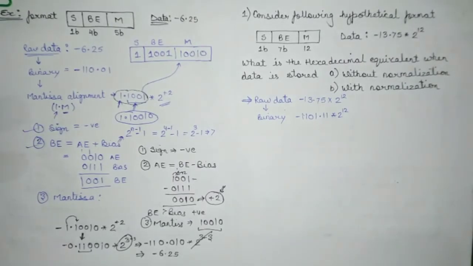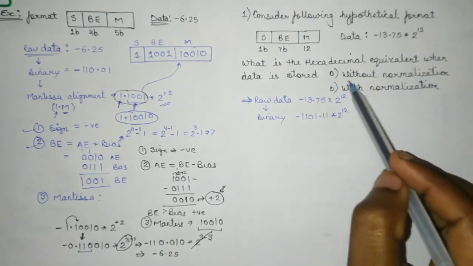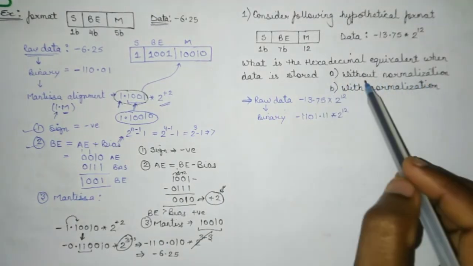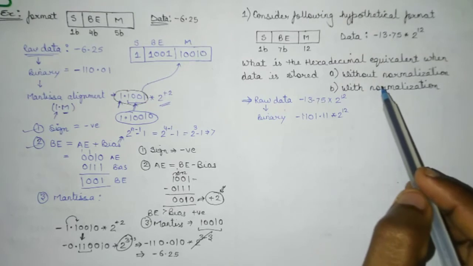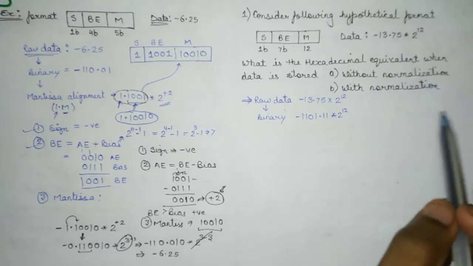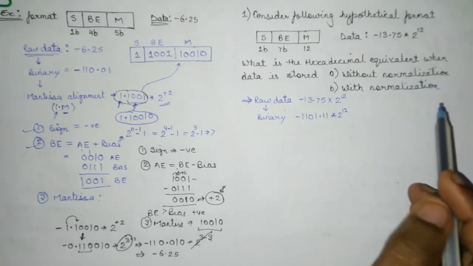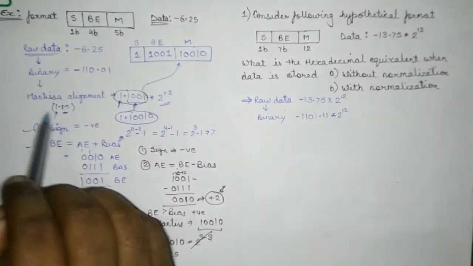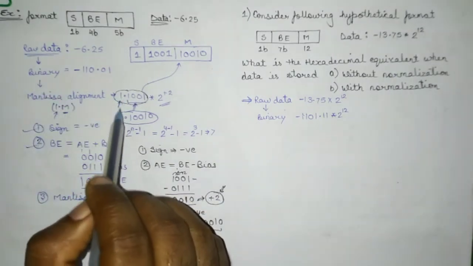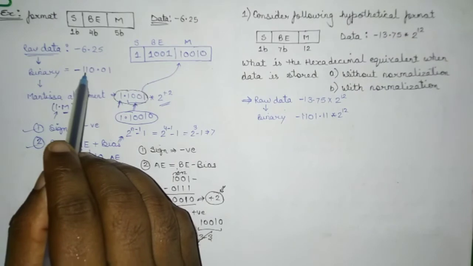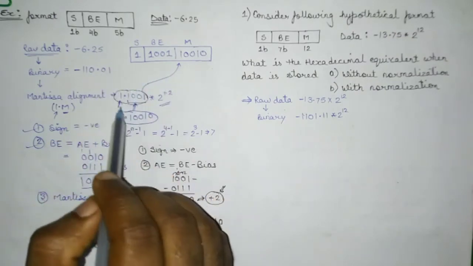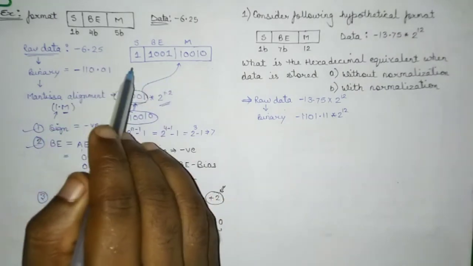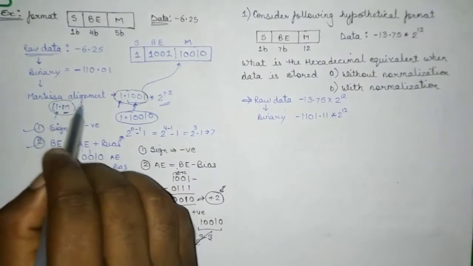Now we have to perform this without normalization. As we are not supposed to perform normalization, we will not perform the mantissa alignment like we did in the previous example. Earlier it was 110.01, so we shifted the point to make sure it is in 1.m format.